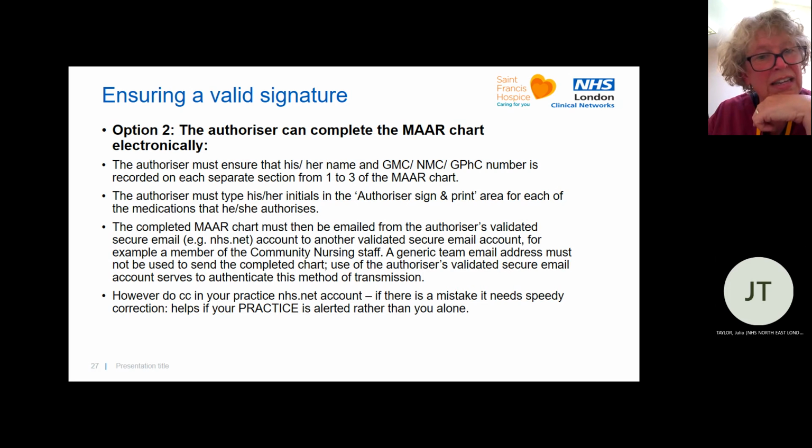That is your electronic signature. And it can then go, but it must again be emailed from your own validated secure email, your own nhs.net account, not from a generic email. It goes to the recipient, but please CC in your practice or your district nurse base so that if there's a problem, the recipient can reply to all. And that is it. You've completed your chart 1.